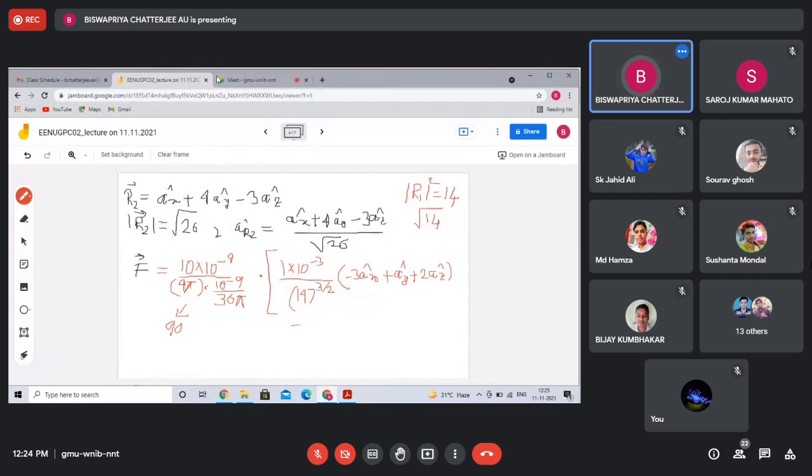And the second charge is minus 2 millicoulomb. So it will be minus 2 into 10 to the power minus 3. Similarly, the distance calculated is root 26, so the distance becomes 26 to the power 3 by 2. And the vector becomes AX cap plus 4AY cap plus 2AZ cap.